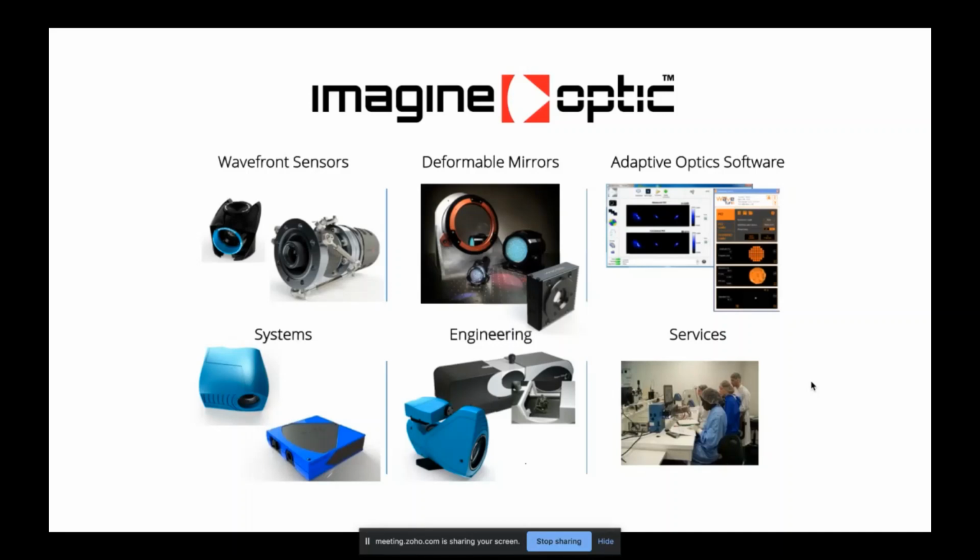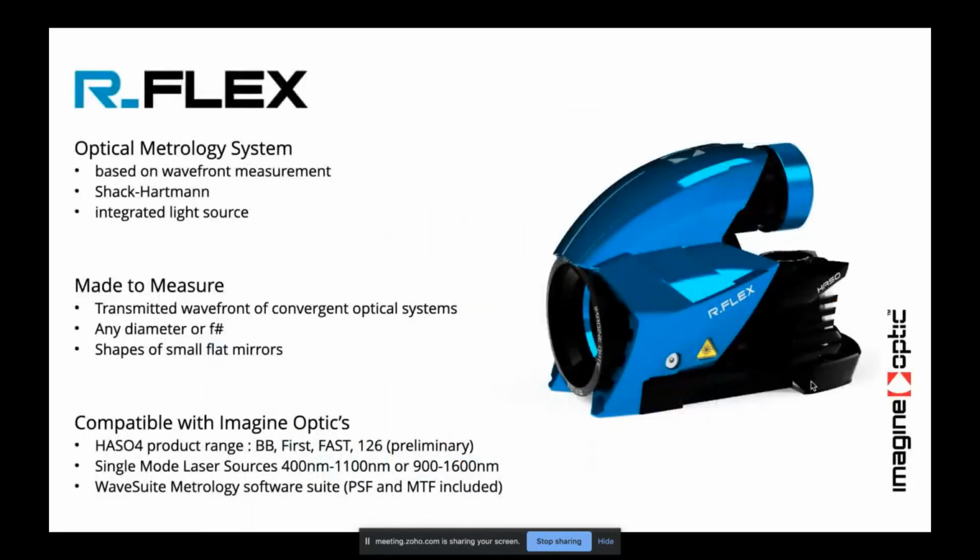It's an optical metrology tool that is dedicated to optics characterization and more precisely transmitted wavefront of these optics. It's based on a wavefront measurement and a Shack-Hartmann wavefront sensor. What is interesting in this device is that it's a self-illuminated wavefront sensor, which means that it integrates a light source.